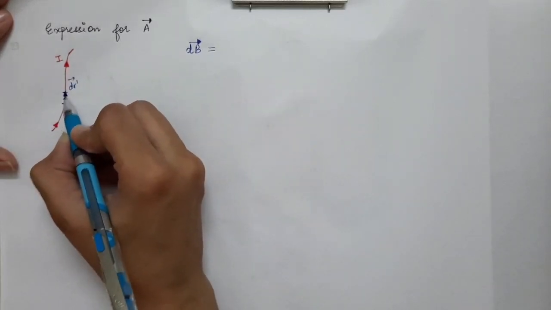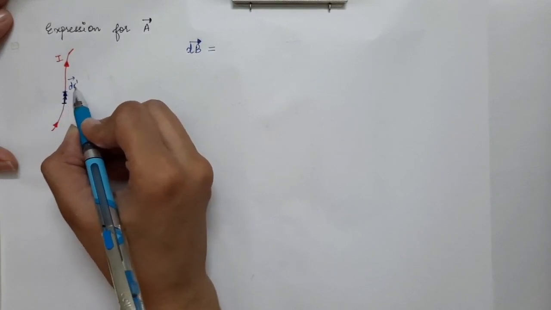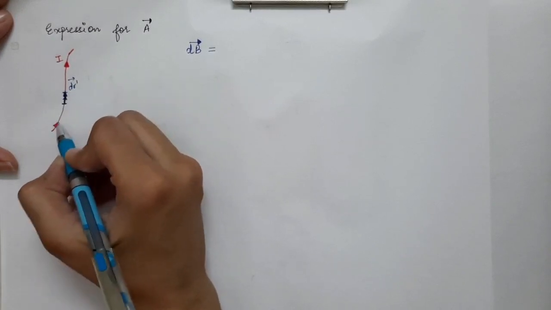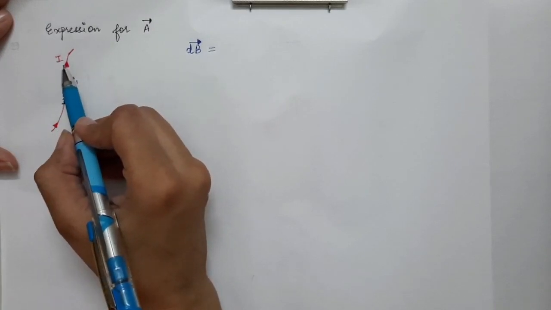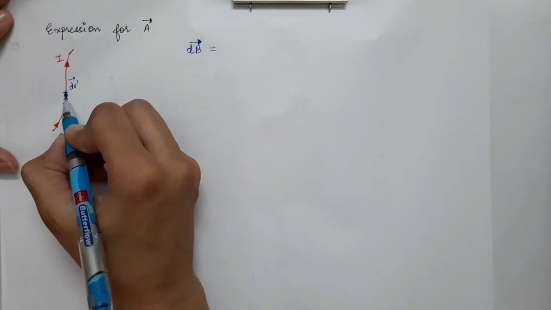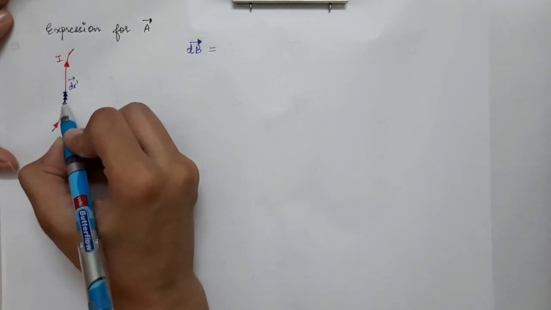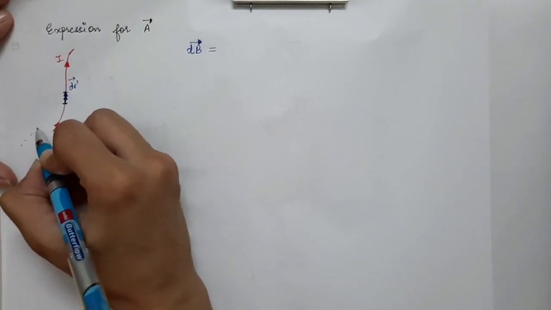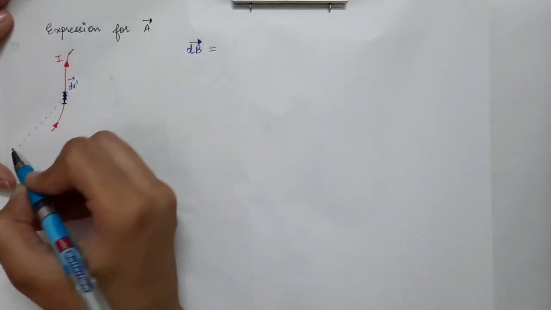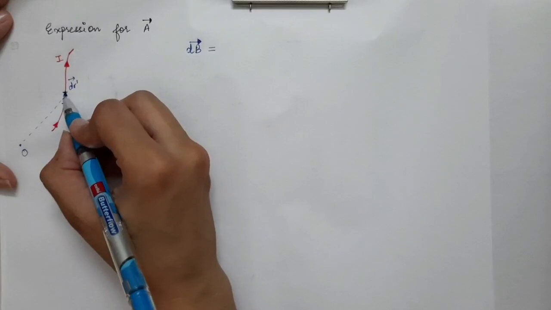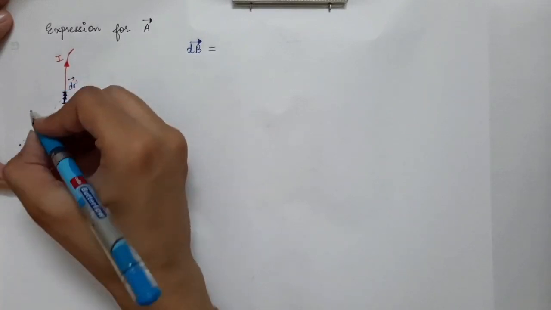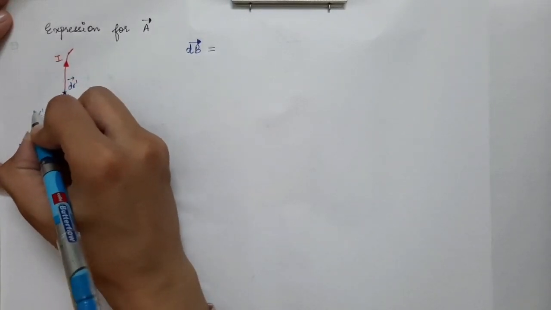So this small line element vector is denoted by dr prime vector, and the current flowing through this element is capital I. Let's say at this point we have the origin of the coordinate system, then the position vector of this line element with respect to the origin is represented by r prime vector.